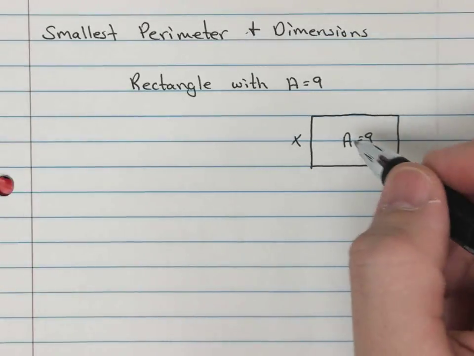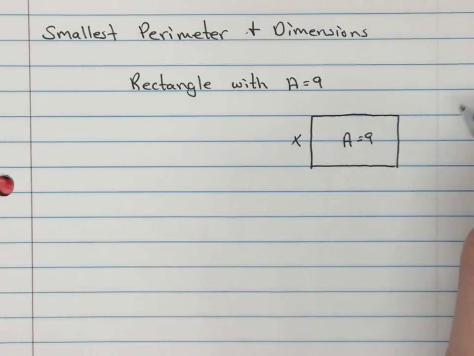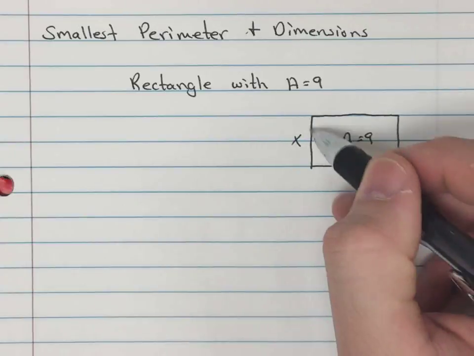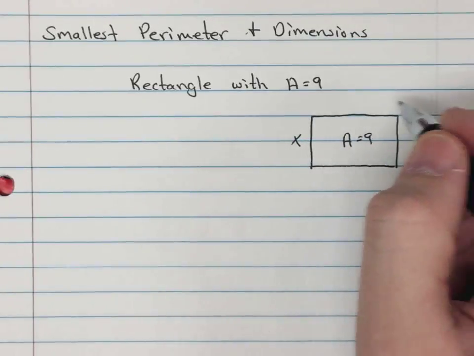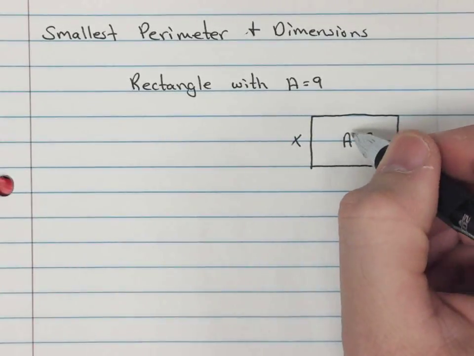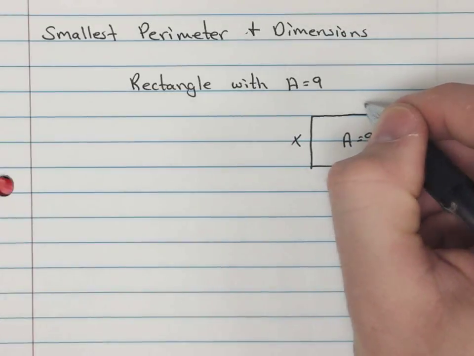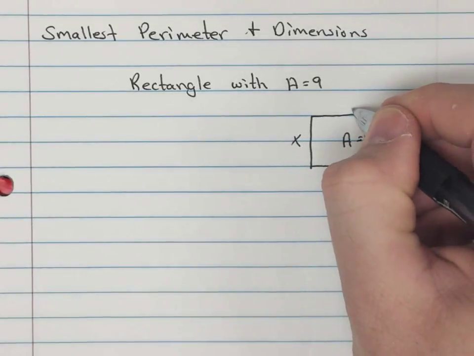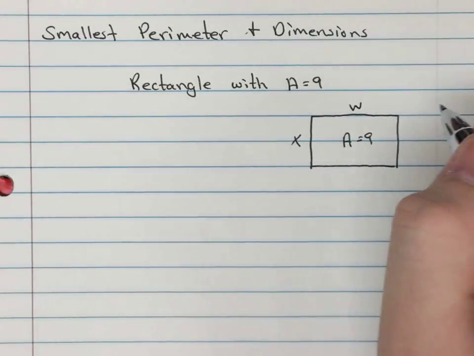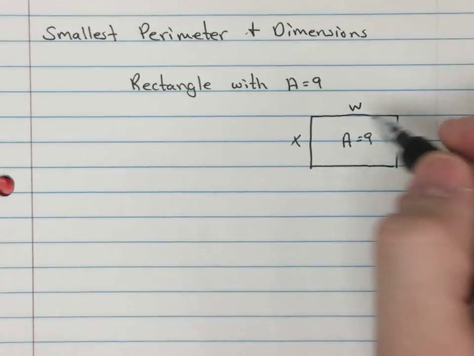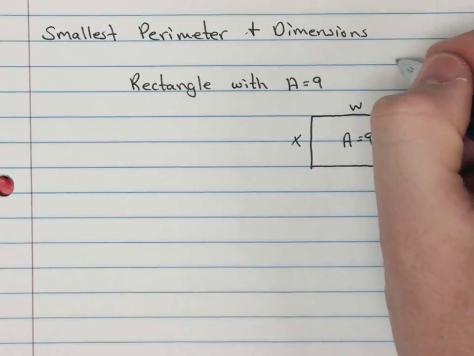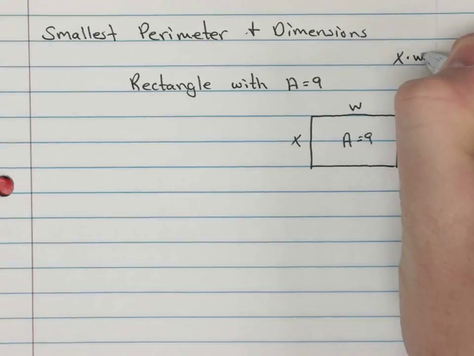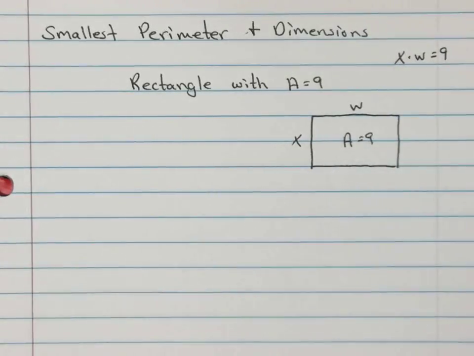And that's what we're going to do here. We've got a side length of x. We've got the other side, and you can start out calling it whatever you want to. I'm going to call it w just to show you something, because sometimes I have to do this. I know that when I multiply these two things, x times w, it's going to give me that area I'm talking about.